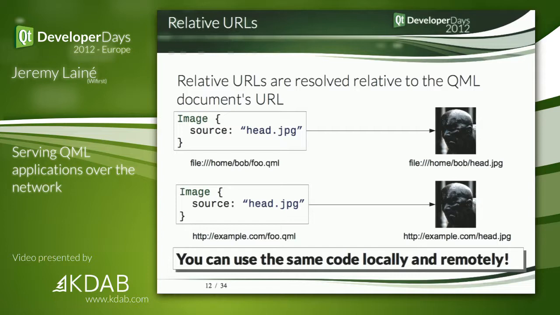And if it's served from an HTTP URL, it's going to get resolved relative to that URL. This is cool because whether you're during the development phase or the production phase of your application, you can use the same code, and it basically depends on what the URL of your initial document is. Everything is just going to follow, and so you're not going to have to worry about rewriting all the URLs for your elements.